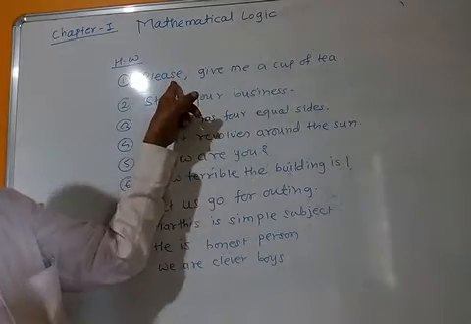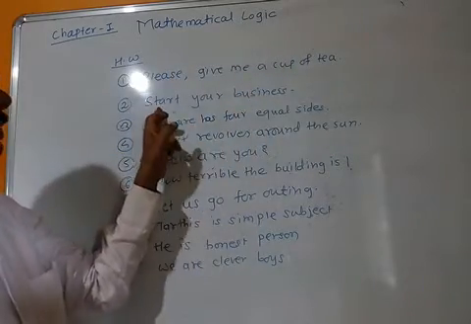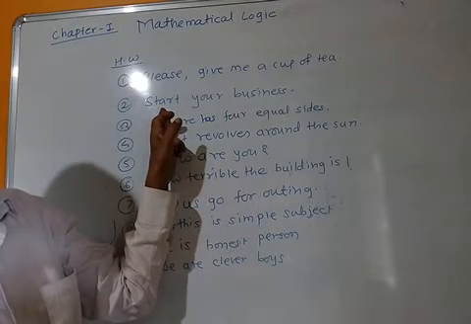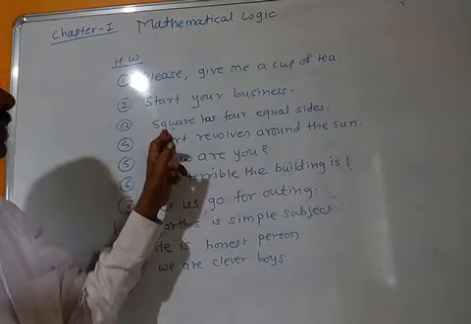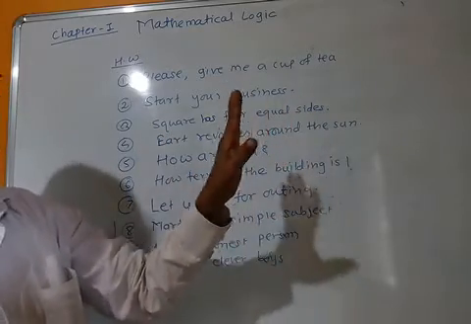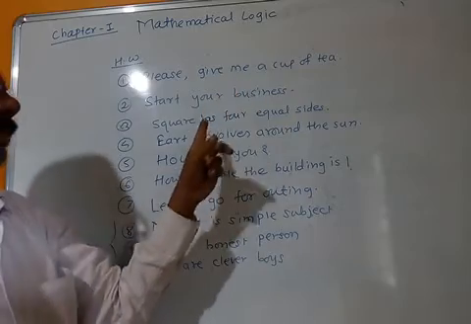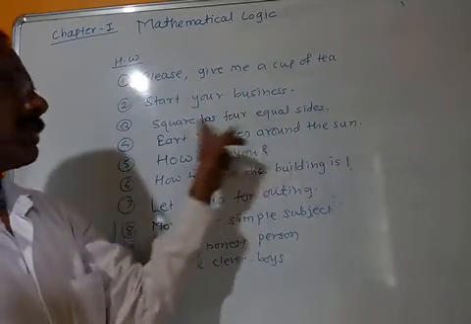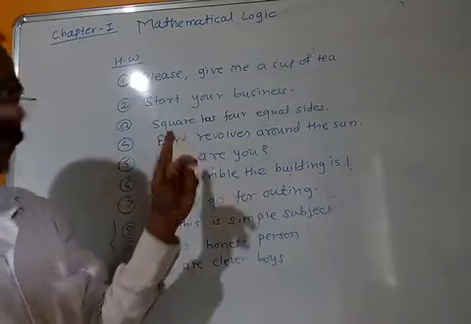Here, please, it is not a statement. Start is the main verb. You have to write the answer. Square has 4 equal sides: it is a statement, but you have to find its truth value.